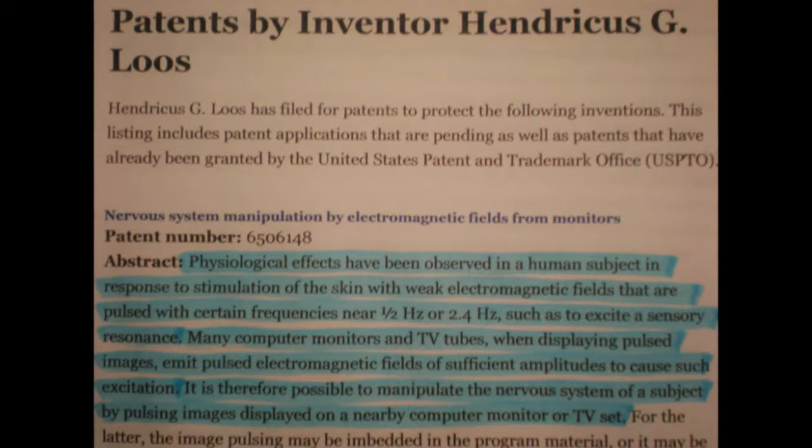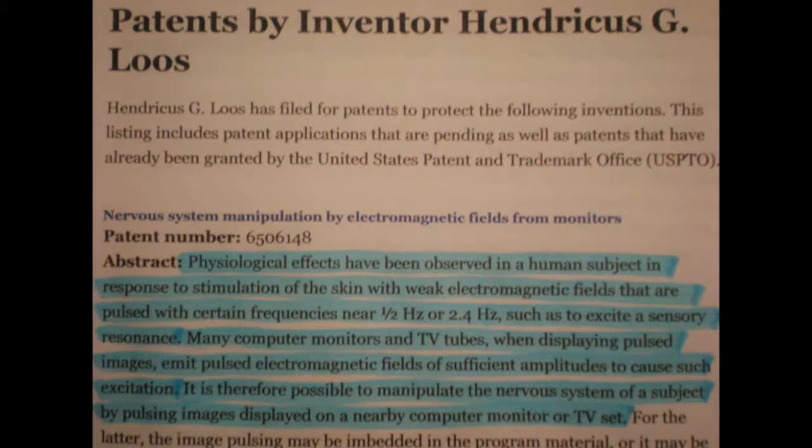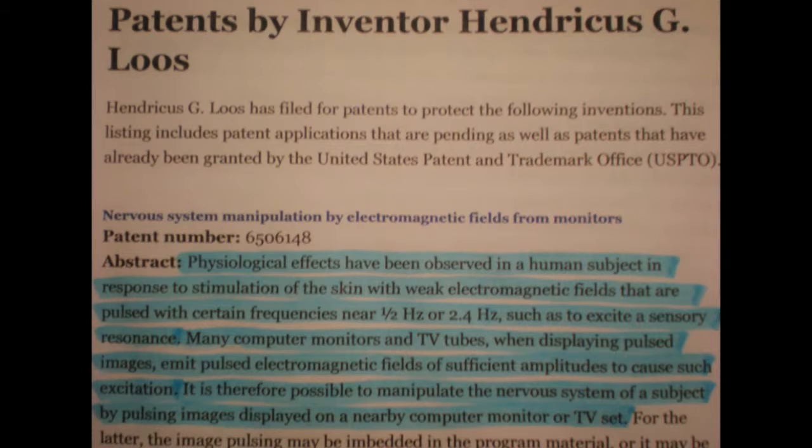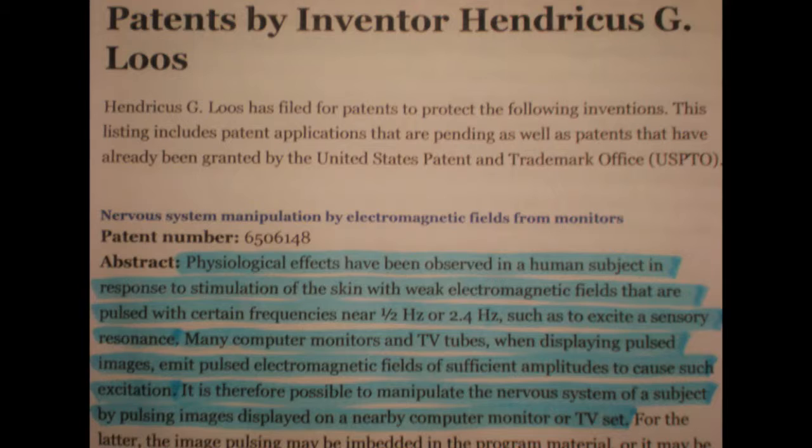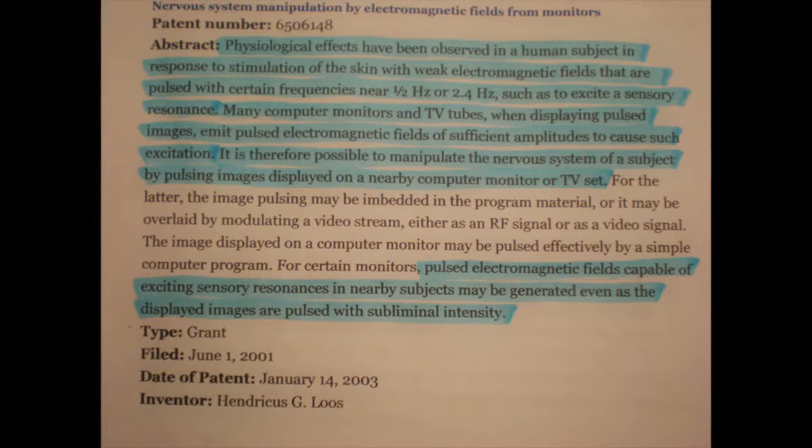Many computer monitors and TV tubes, when displaying pulsed images, emit pulsed electromagnetic fields of sufficient amplitudes to cause such excitation. It is therefore possible to manipulate the nervous system of a subject by pulsing images displayed on a nearby computer monitor or TV.